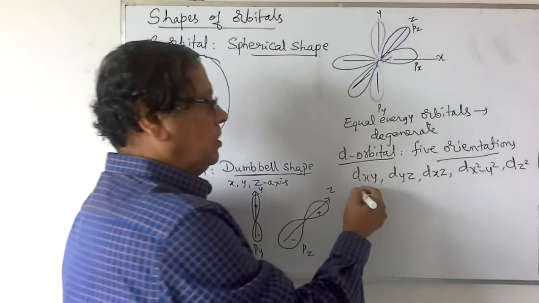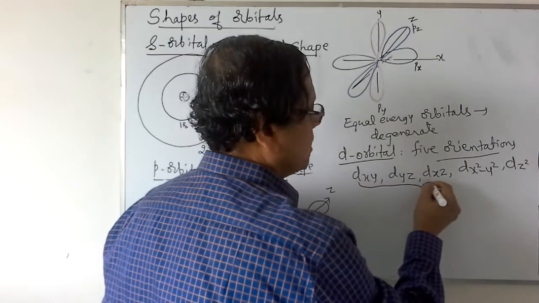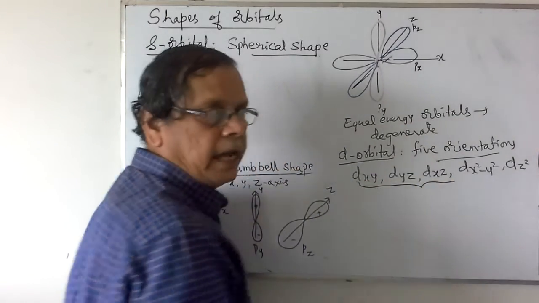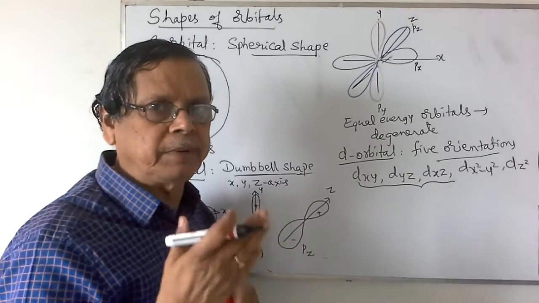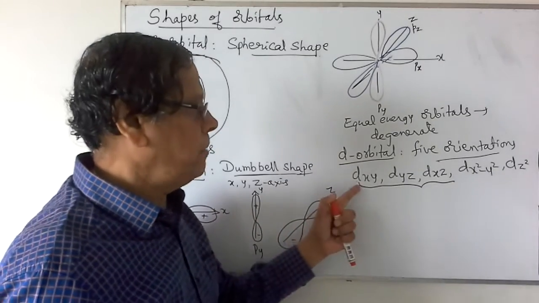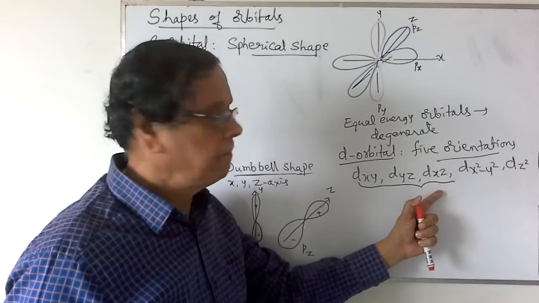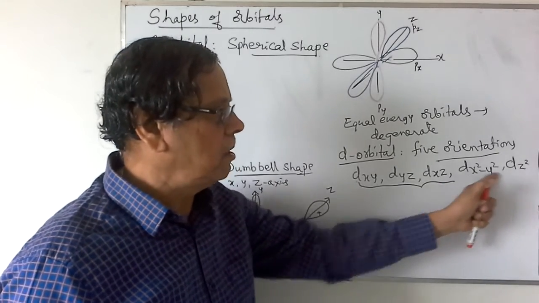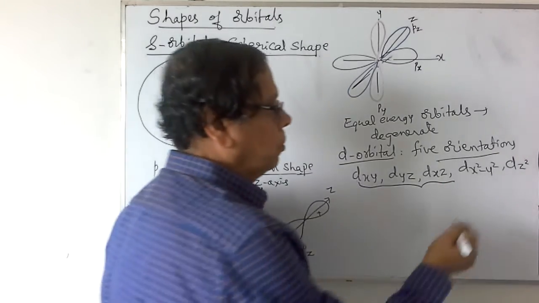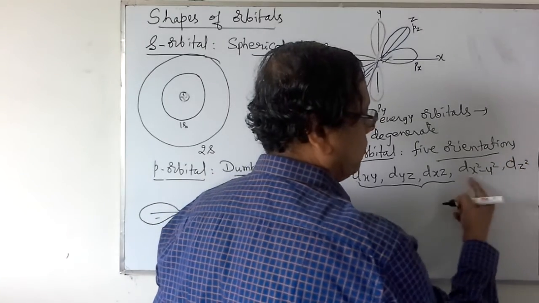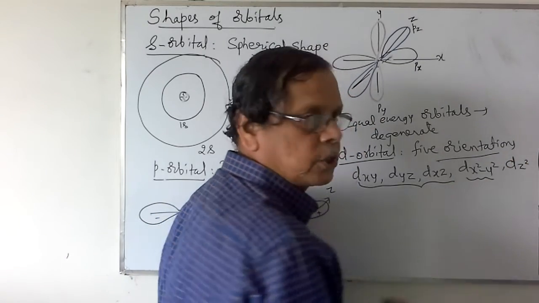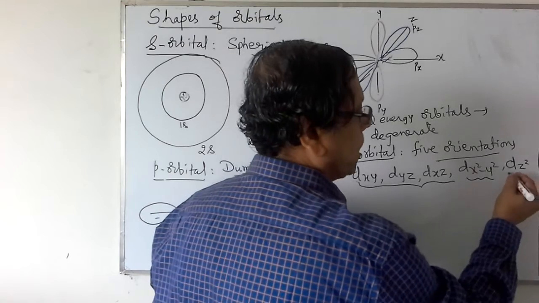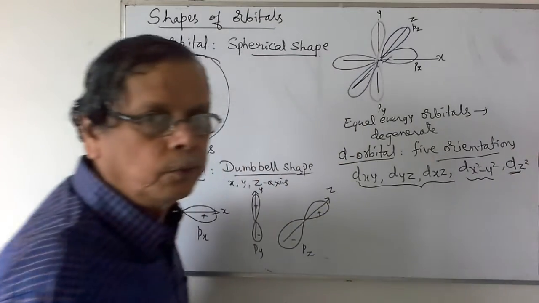When we consider these three orbitals, these are present in between the axis, that is in the plane produced by the axis. So xy plane, yz plane and xz plane. And these two are present along the axis. So two lobes along the x-axis and two lobes along the y-axis, that is indicating dx2-y2, and two lobes along the z-axis indicating the dz2.